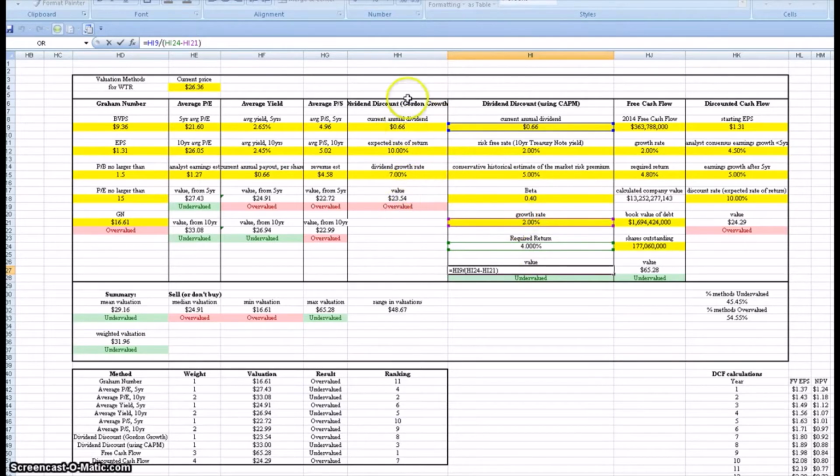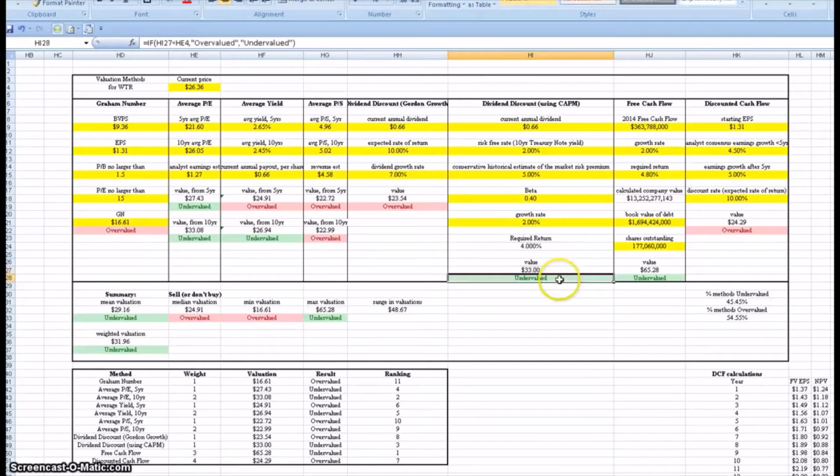So that's how it's done over here on the dividend discount, but this required return is calculated instead of just assumed outright. Okay. So by that method, the market is undervaluing the stock because the current price is 26.36.